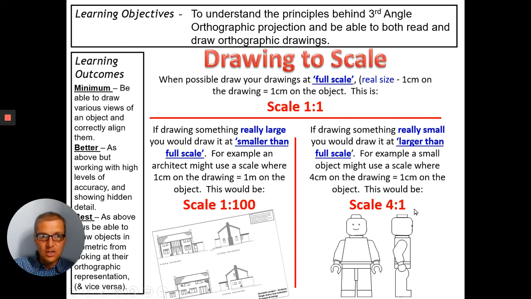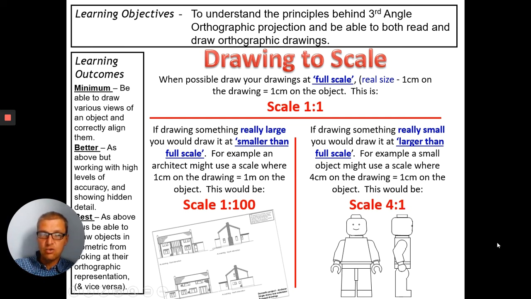So you do it larger than full scale. You might do it where 4 centimeters on the drawing is 1 centimeter in real life. So if the head of a Lego man is actually about 1 centimeter tall, on the drawing it might be 4 centimeters tall, 4 times as big. And that would be a scale of 4 to 1. 4 centimeters on the drawing represents 1 centimeter in real life.